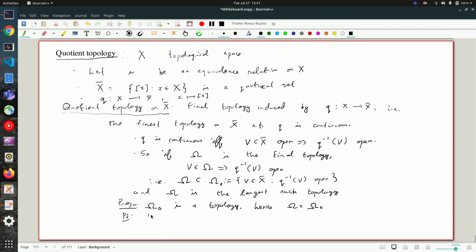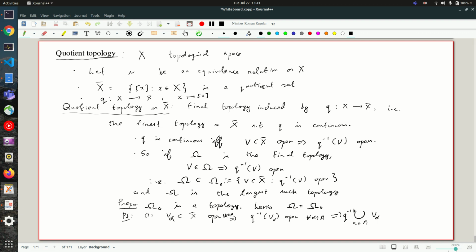I'm not going to verify all the properties. So of course, first of all, if I have a collection V alpha contained in X bar, open for all alpha, this implies that Q inverse of V alpha is open for all alpha in some collection A, which implies that the union over alpha in A of V alpha.